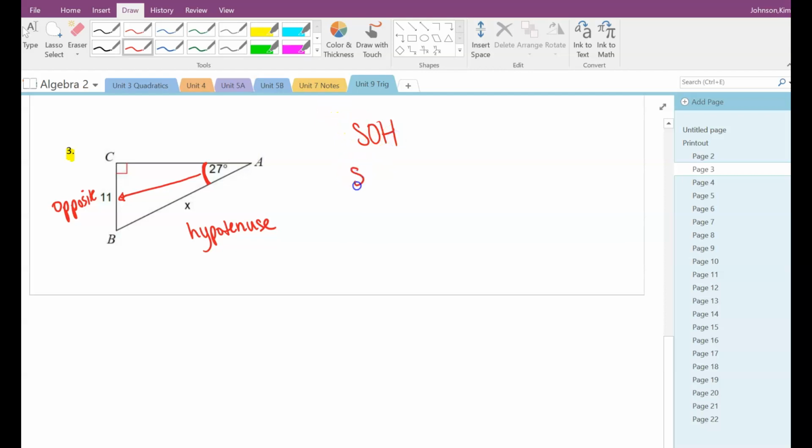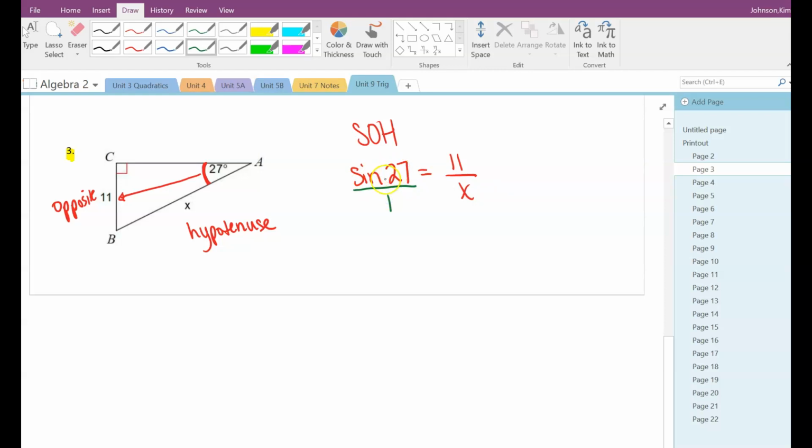That's the Soh, right? So sine of my angle, 27, is equal to the opposite side, which is 11, over the hypotenuse, which is x. This one is different because the x is in the denominator. So when we see that x in the denominator, the easier way to solve this is for us to just think about this as setting two proportions equal to each other, right?